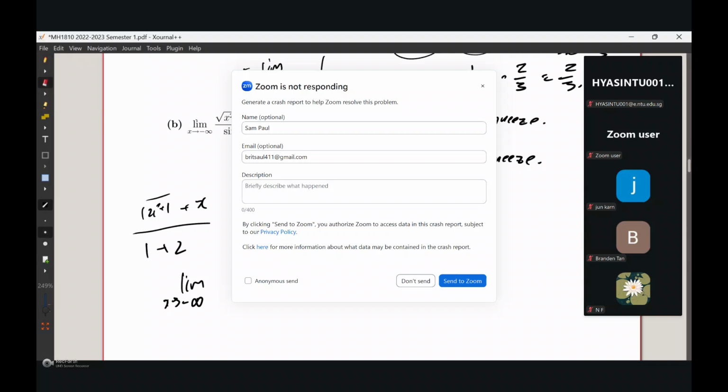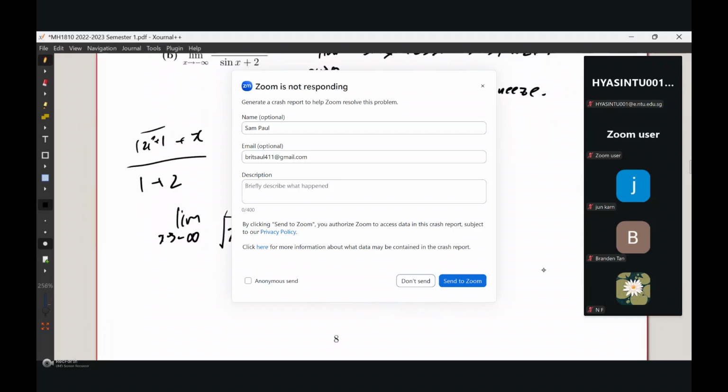So we have this function here, let me write it bigger: square root of x squared plus 1 plus x. We are going to rationalize this by multiplying by the conjugate, square root of x squared plus 1 minus x, over square root of x squared plus 1 minus x. You can go ahead and simplify this.